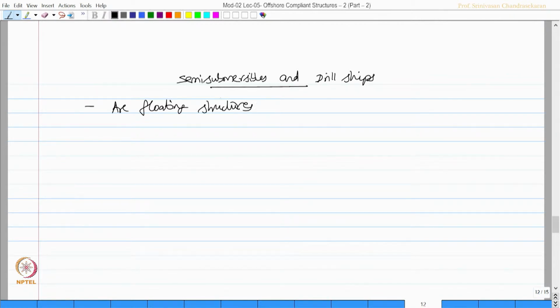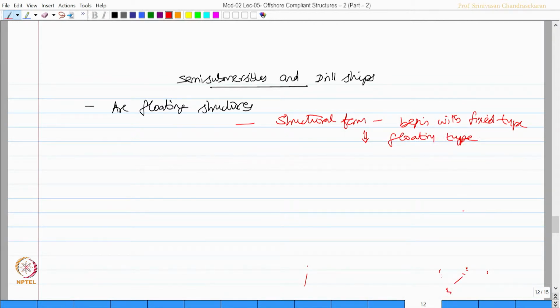So, friends, please realize that the structural form of offshore platform begins with fixed type and lands up in completely floating type. So, one can see here there is an extreme novelty in the structural form of offshore platforms, which makes its analysis and design highly unique.